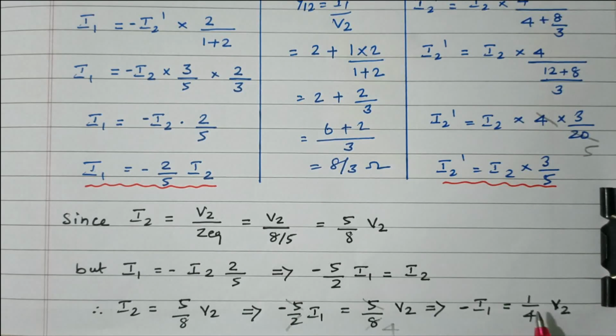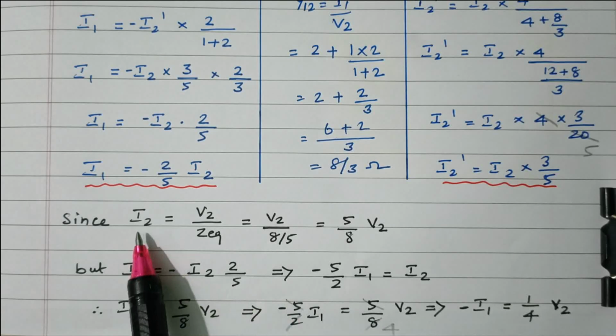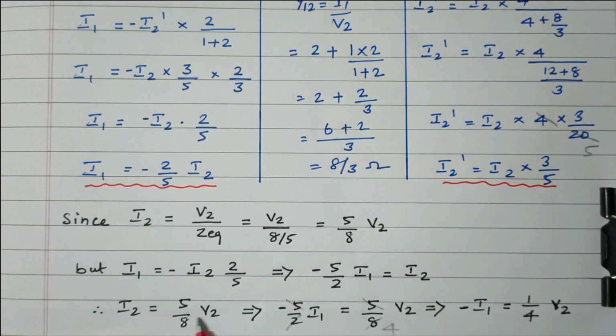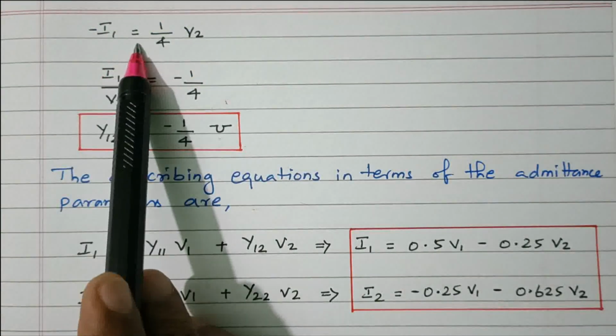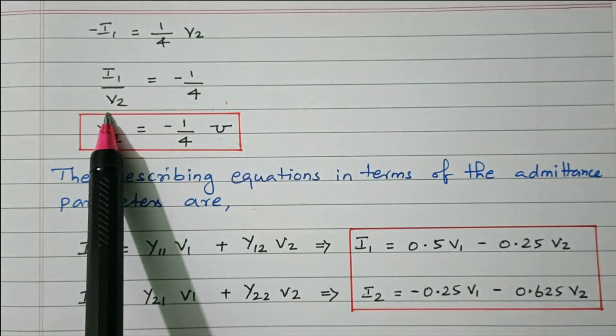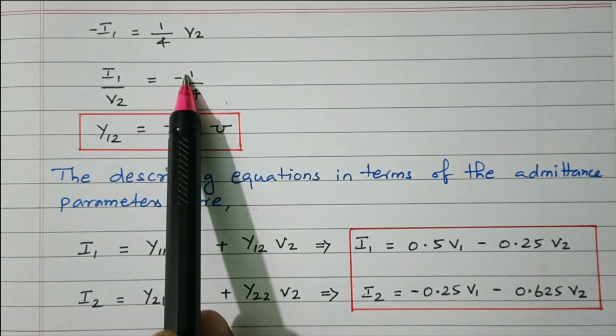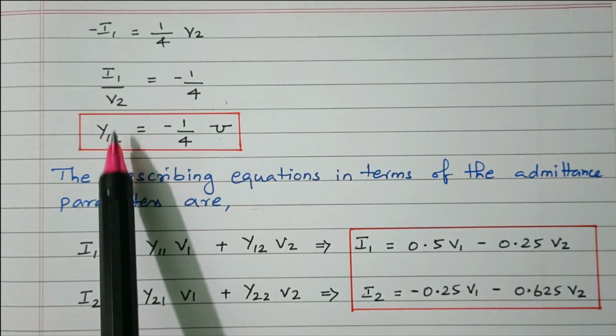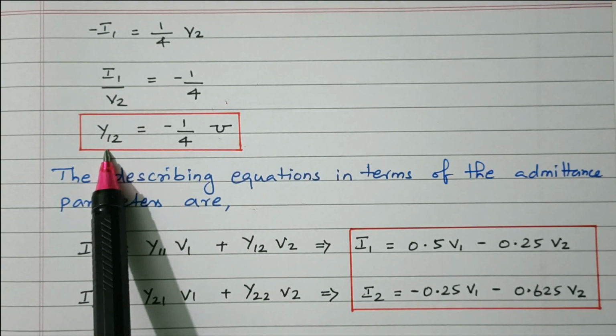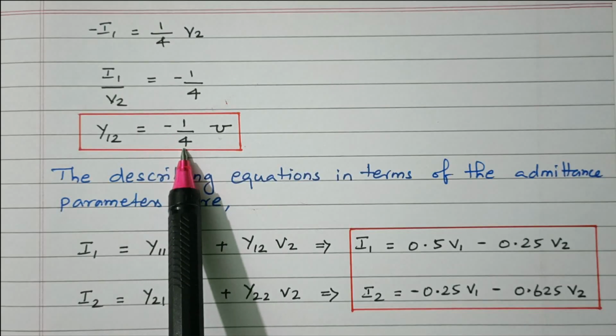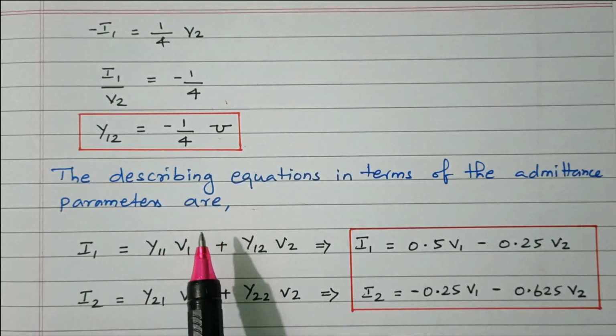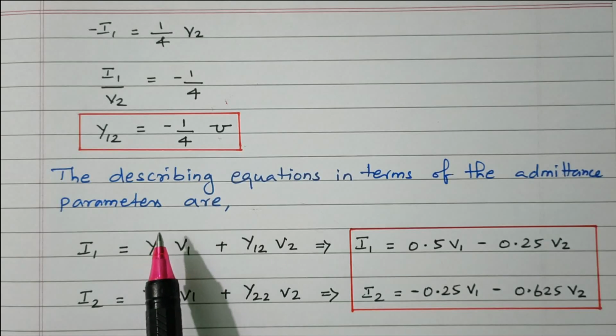So minus I1 equals 1 by 4 V2. Bring this V2 to the denominator. So I1 by V2 equals minus 1 by 4. This I1 by V2 is nothing but Y12, which equals minus 1 by 4 mho, that is 0.25 mho. So now we have calculated all four parameters.